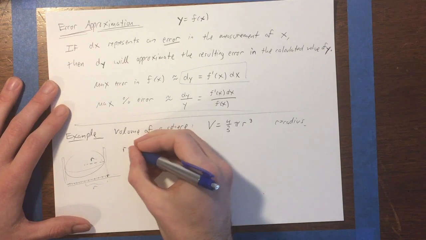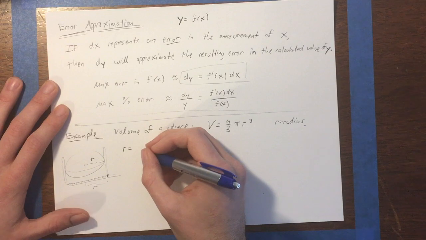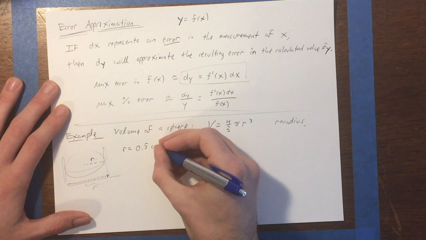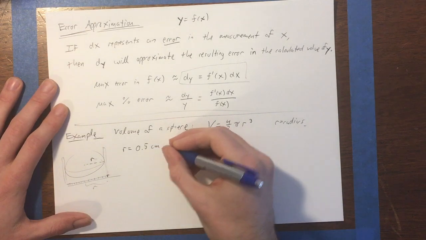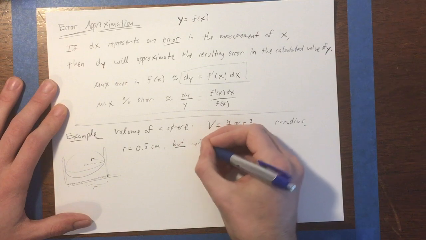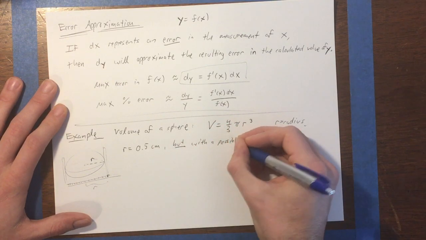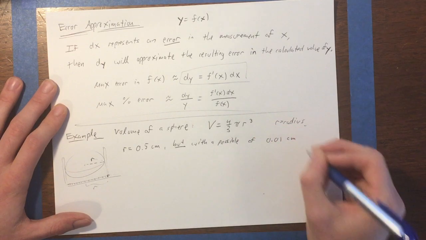And let's say we measure the radius as, I'm going to use some tiny amount in my example, this is a really small sphere. Radius is 0.5 centimeters, but with a possible error in that measurement of 0.01 centimeters.